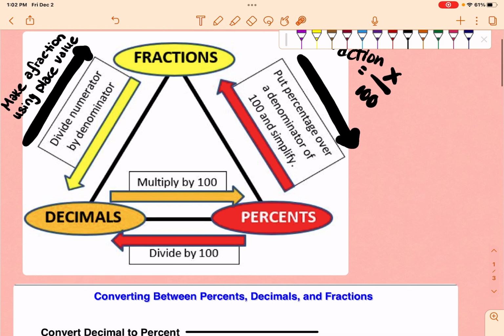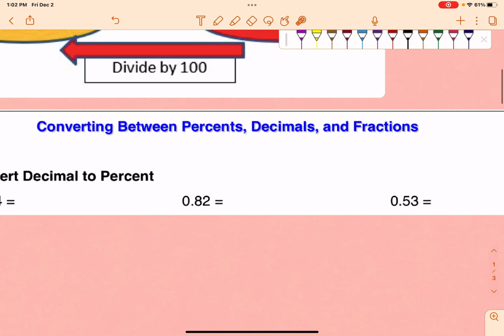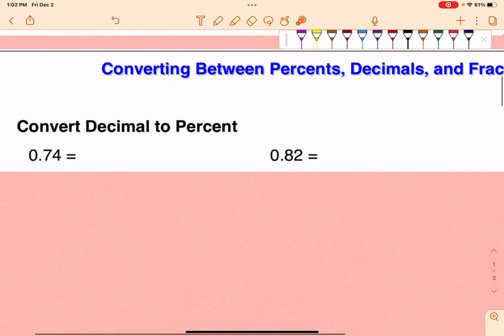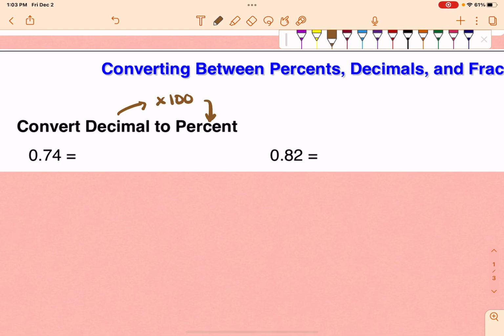So as we start to go back and forth, let's do some examples so you can get how it works. So with converting from decimal to percent, remember, this is the one where we're going to take our decimal, and to go to our percent, we're going to multiply it by 100. So on the first one, I have 0.74.